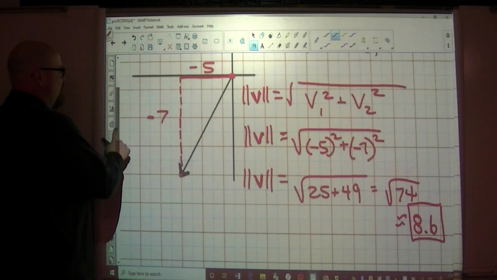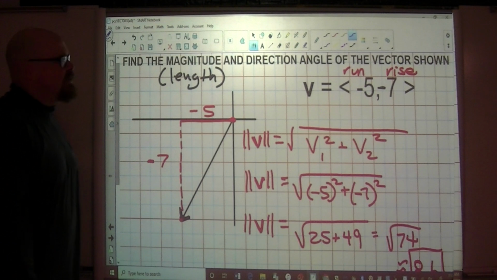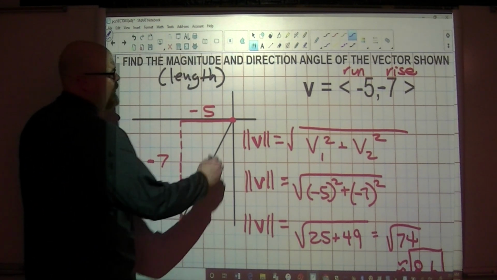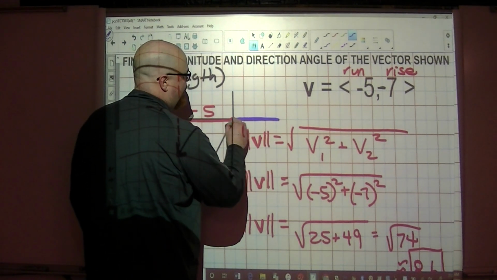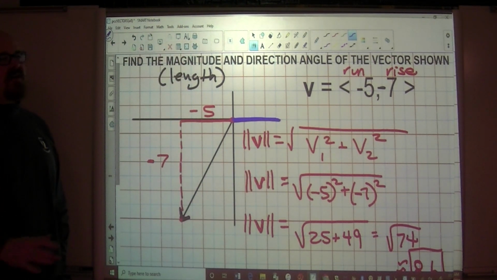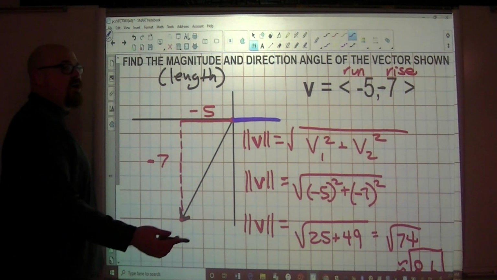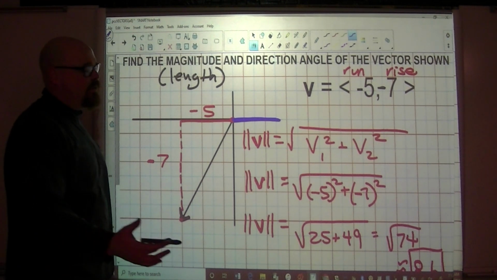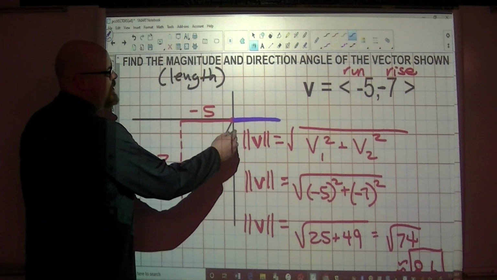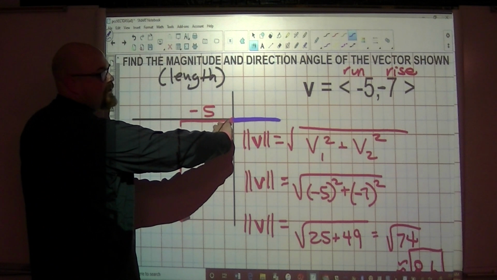Okay. Now, as far as the direction is concerned, remember, when we're doing vectors, the direction angle of a vector is always measured from the positive x-axis. That's in any sort of problem that doesn't have a context to it whatsoever. So we're measuring this in what we used to call standard position back when we first started talking about the unit circle. Standard position measures from the positive x-axis counterclockwise.